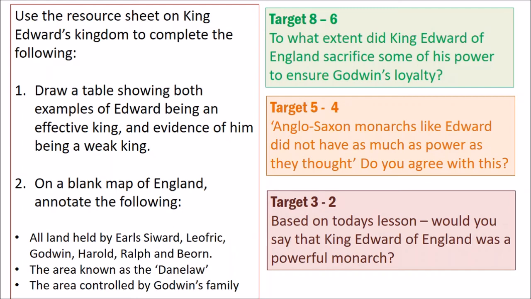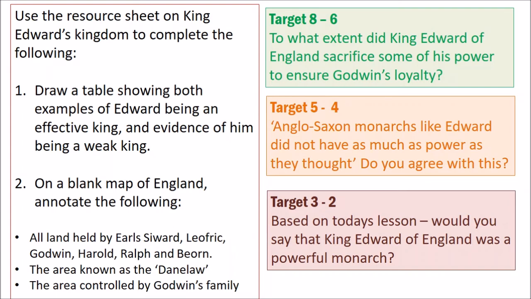However, Edward is often portrayed as a bit of a pushover, a bit of a weak king, and hopefully you've found some examples of that. He allowed the Godwins to become far too powerful, by appointing Godwin as Earl of Wessex, his eldest son Svein, for example, one of his other sons, Harold.